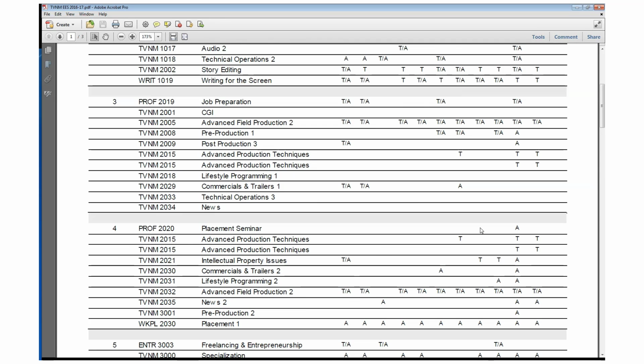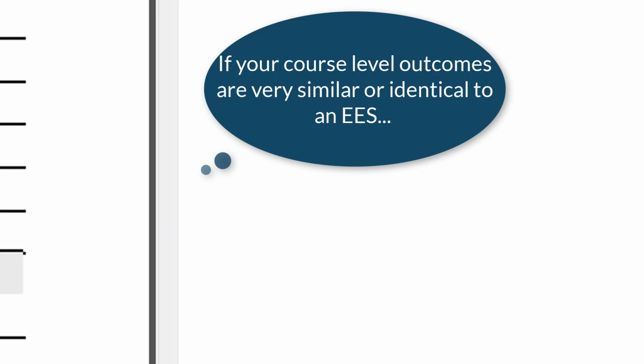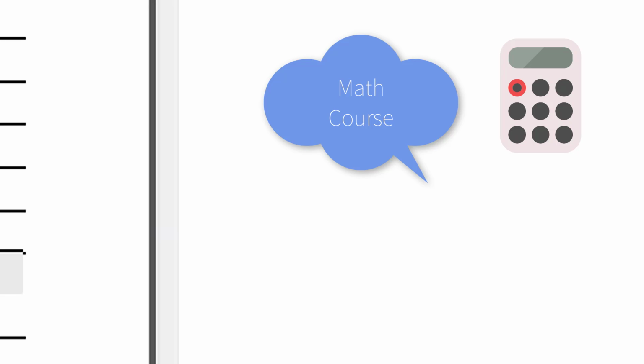And one last thing I would suggest when you're interpreting these maps is that if you have essential employability skills outcomes that, as they are written, closely relate to, if not stand as, course level outcomes, for instance, if you have a program that has a math course, then you have competing outcomes, because you've identified course level outcomes related to the vocational program that are extremely similar, if not identical, to an employability skills outcome.